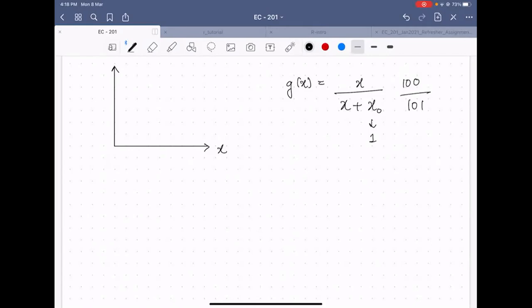Similarly, I put the value of x to, say, 200. Now this becomes 200 by 201. If you see the decimal value, as x becomes very, very large, this x naught becomes very insignificant in front of it. So this whole number, x by x plus x naught, would be trying to go towards the value 1.